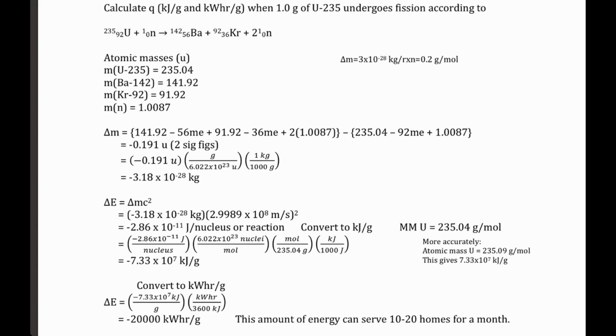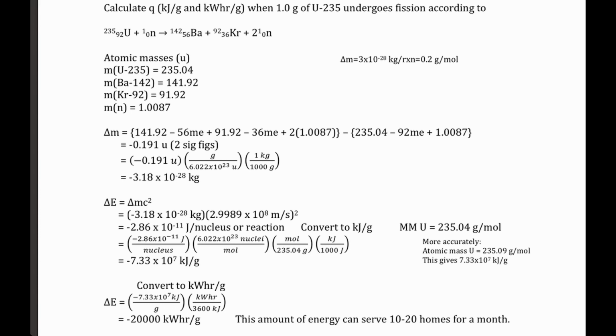So delta E in this unit of kilowatt hours comes from here. So we take our energy in kilojoules per gram, and we multiply by the conversion between the kilowatt hours and kilojoules. So 1 kilowatt hour is 3,600 kilojoules.